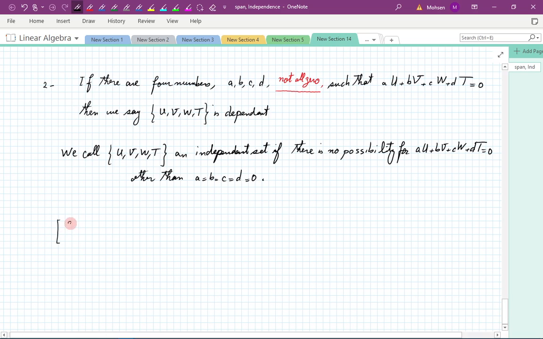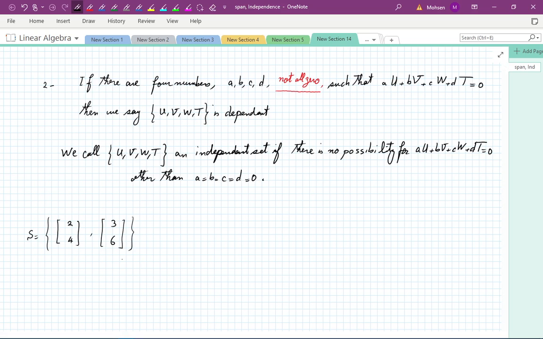So if I have 2, 4 and 3, 6, this is my set. Let me call this set S. Is this a dependent set or an independent set?